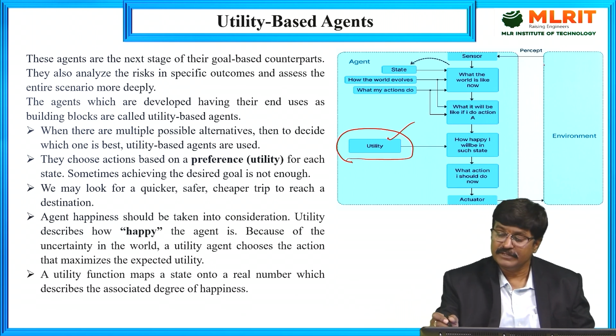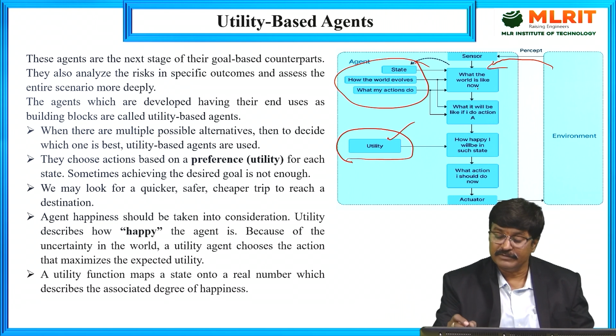It is the same thing. Whatever perceptions it continuously gets from the environment, the sensor senses those things and gives them to the state, and it has an internal state. The internal state further analyzes the things: what the previous condition was, what the present condition is. Based on that it gives the analysis, and based on that, what will it be like if I do action A?